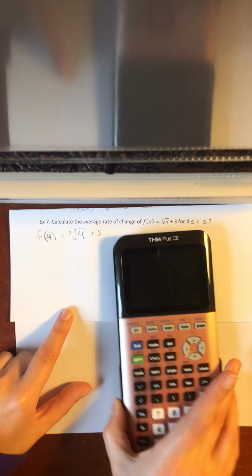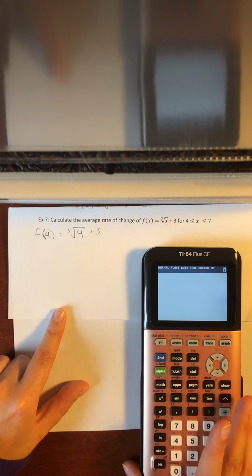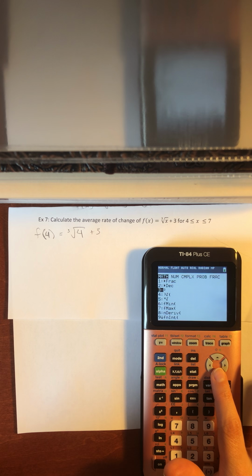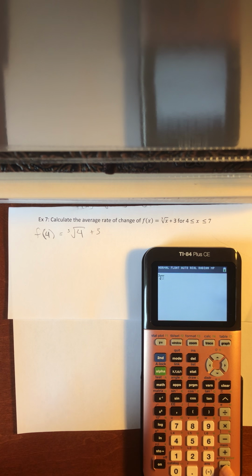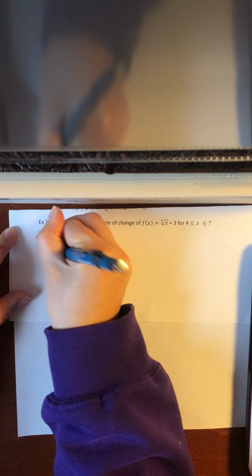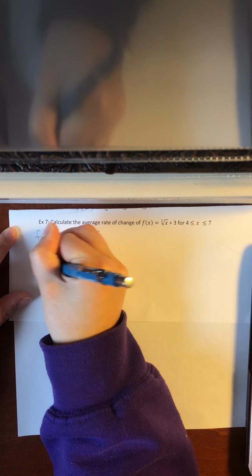In a graphing calculator, you go to your math function, scroll down to cubed root, enter, cubed root of 4 plus 3. Okay, so I'm going to round this off, so f of 4 equals 4.59.